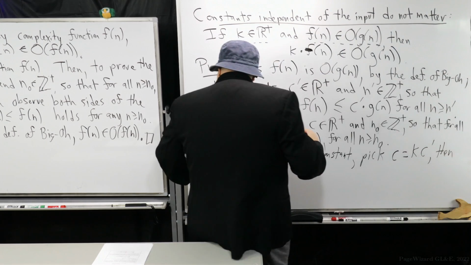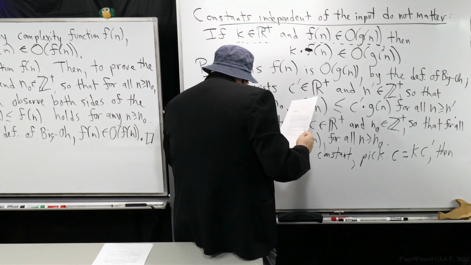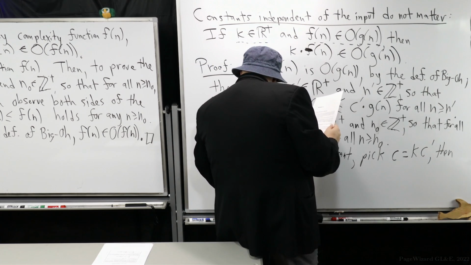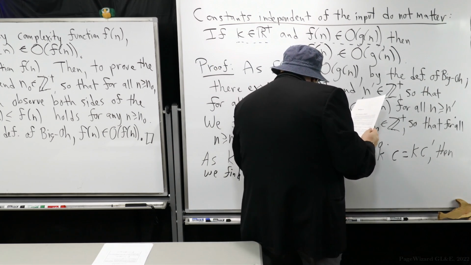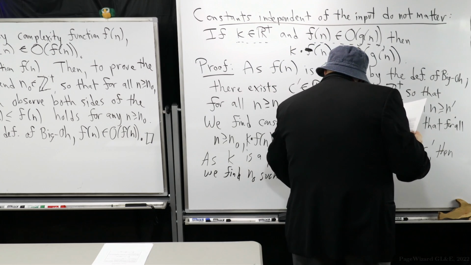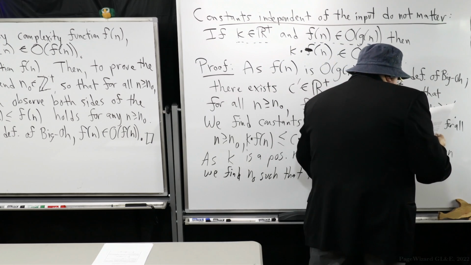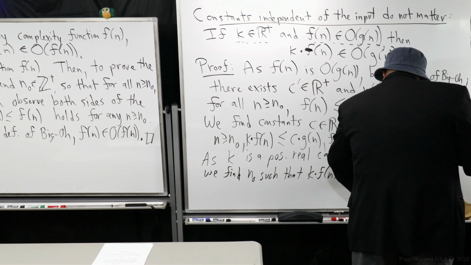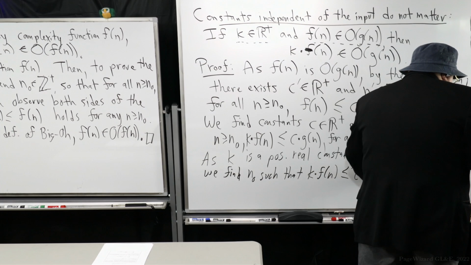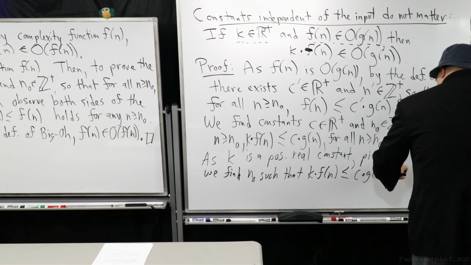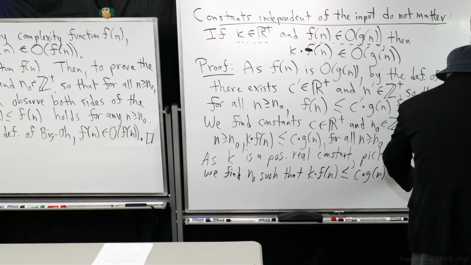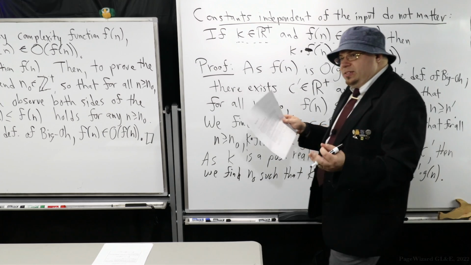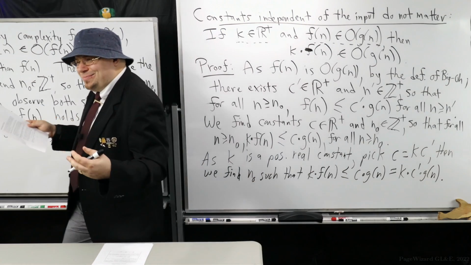Then we find n0 such that k times f of n is less than or equal to c times g of n, which is going to be equal to k times c prime times g of n. And now remember, as I said before, k is a positive real constant, so it means that we can divide by k.